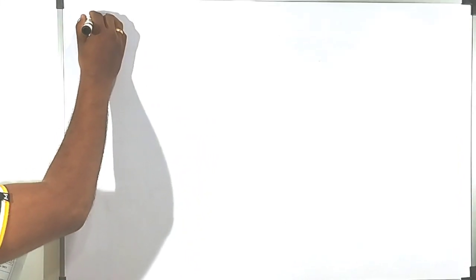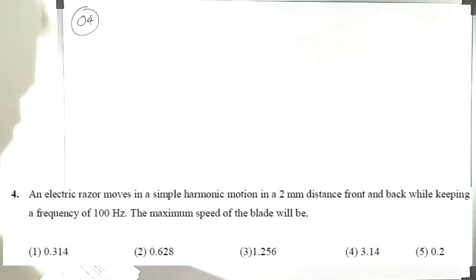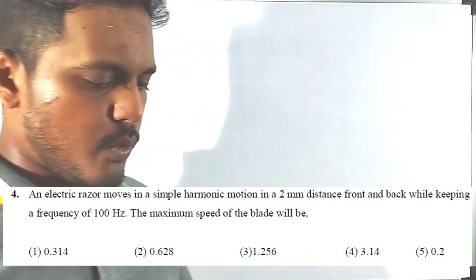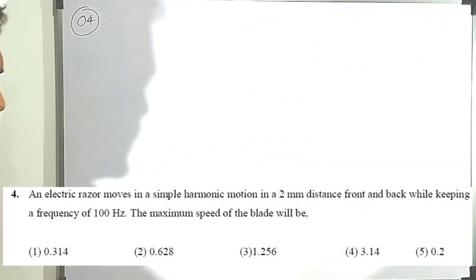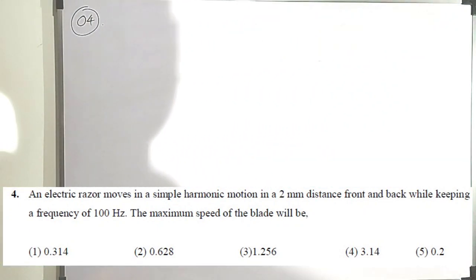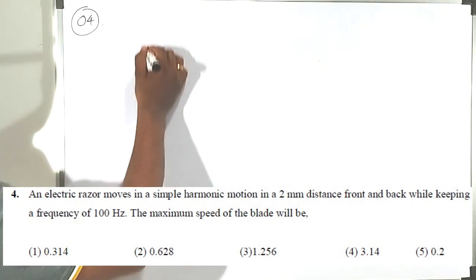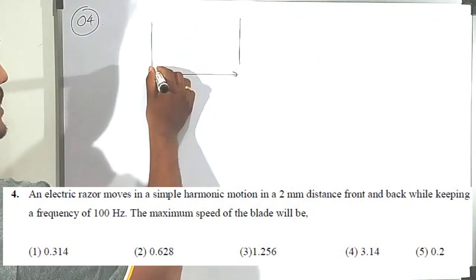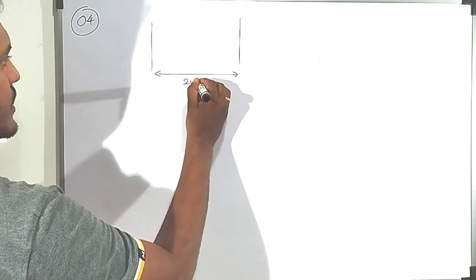Fourth one. An electric razor blade moves in simple harmonic motion over a distance of 2 millimeters.